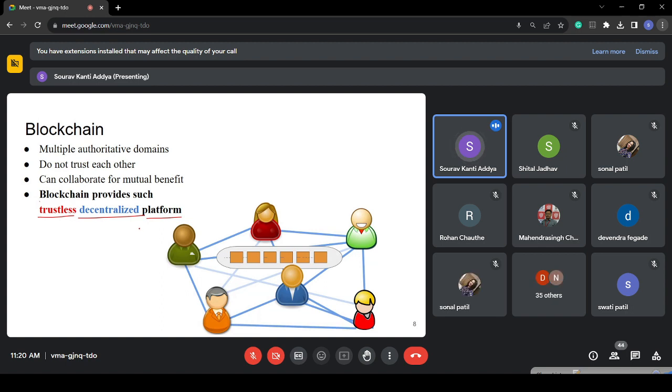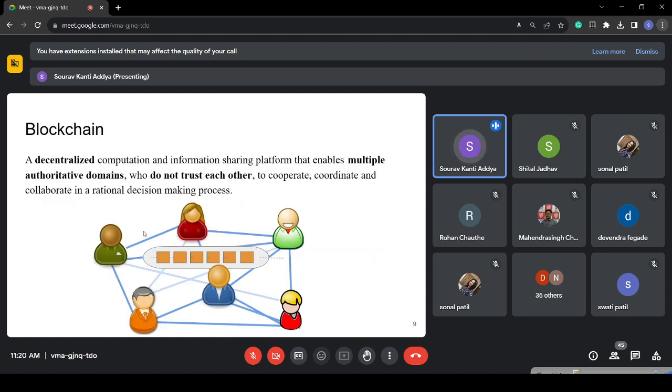How? That is our target. If we are able to build that, and that is what blockchain basically gives us. So if you have this kind of system where multiple authoritative domains, with no trust, want to collaborate, then blockchain can be an exact or possible solution.